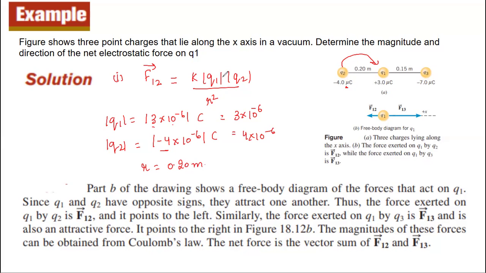I'm going to plug the numbers into this formula: Q1, Q2 and r squared.